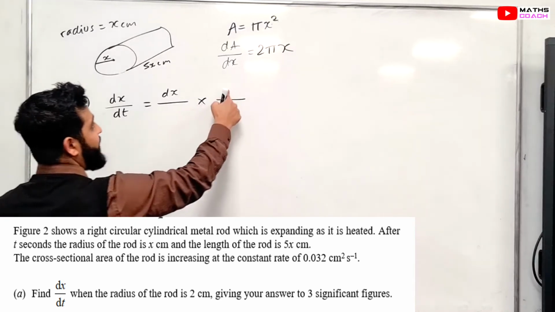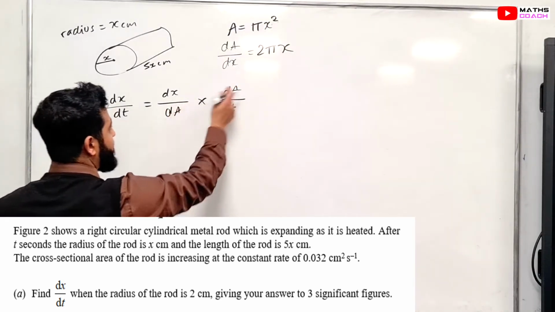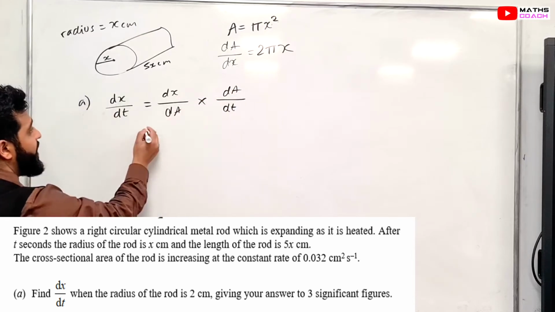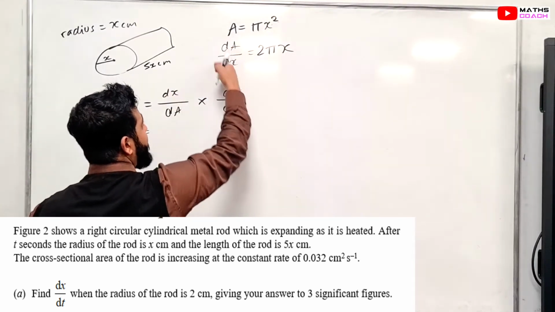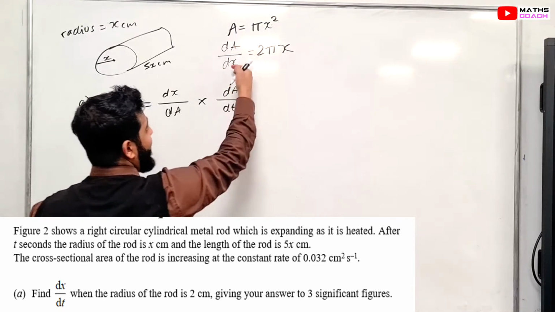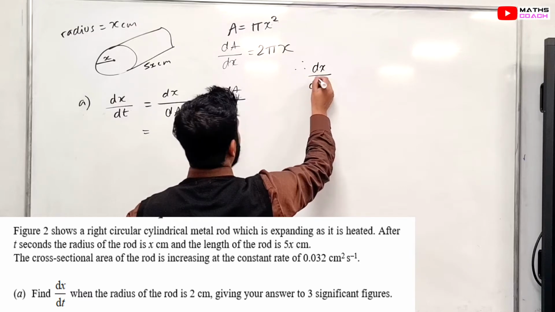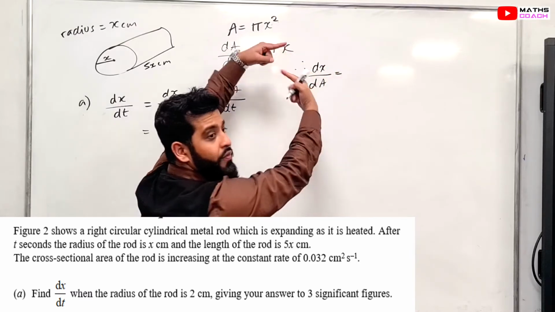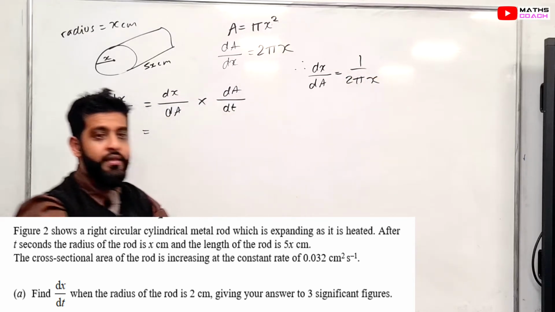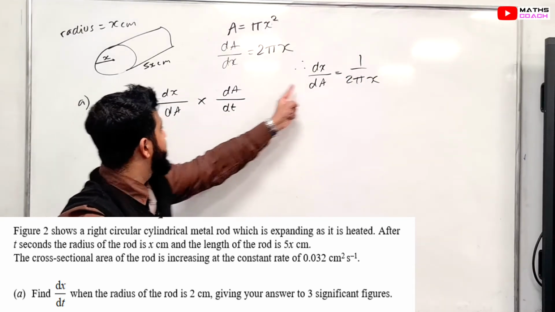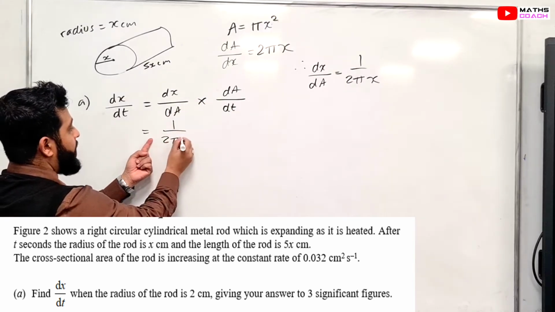Now we can have our dA here and our dA here because they are going to cancel out eventually, giving us dx over dt. If we want dx over dA, it is the reciprocal of dA over dx, so it's 1 over 2 pi x. So dx over dA can be put in here as 1 over 2 pi x.